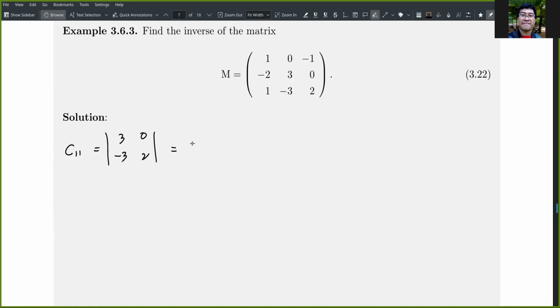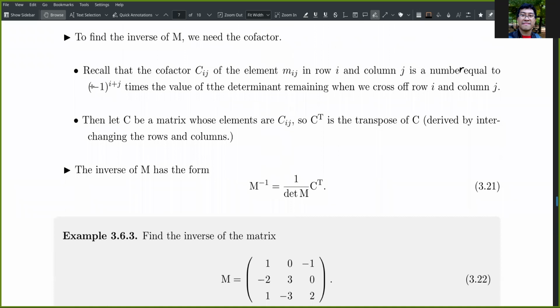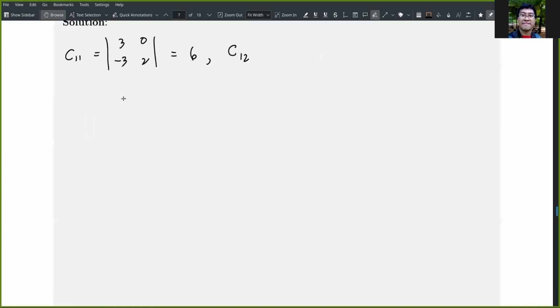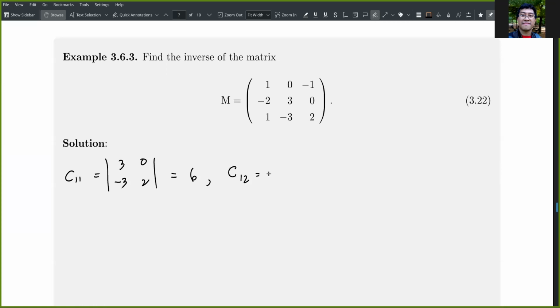The answer is 6. Now, how about C12? Using this expression, 1 plus 2 is 3, -1 to the power of 3 is -1. So there's a -1 here, times, again crossing this out, we get -2, 2, 0, 1. That's -2 times 1 minus 2 times 0, which is -2. Hmm, the original gives 4, so -4 times -1, that's 4.